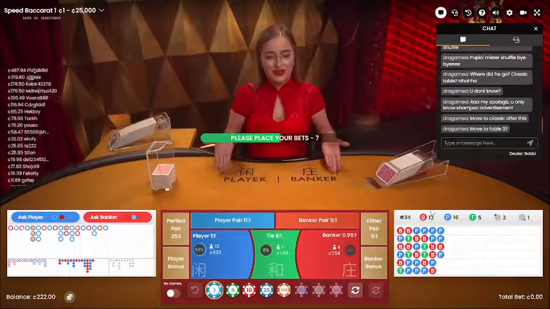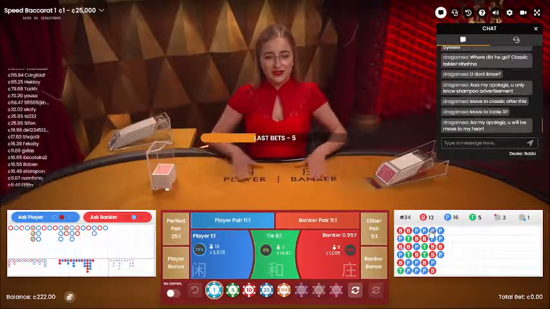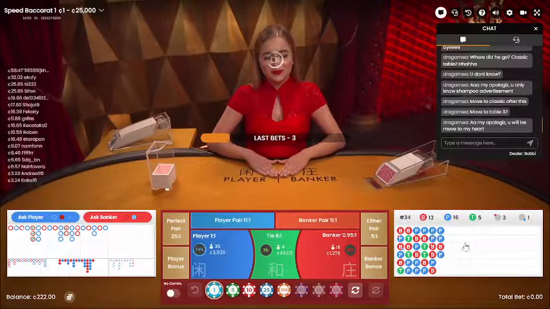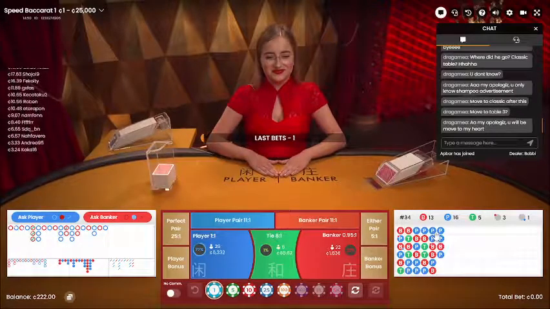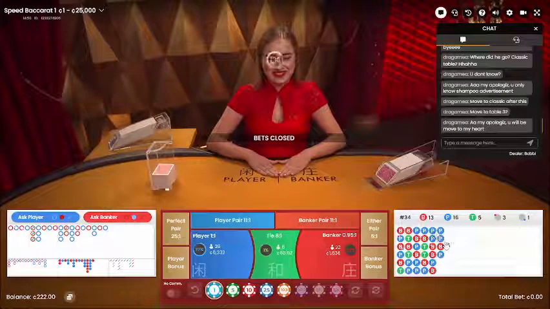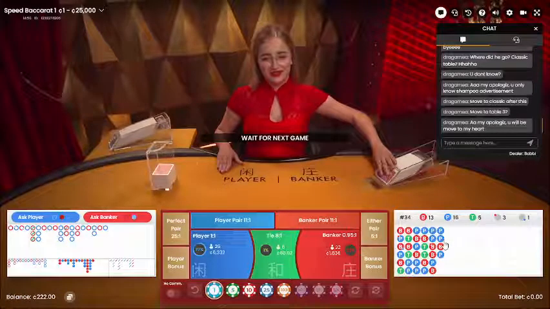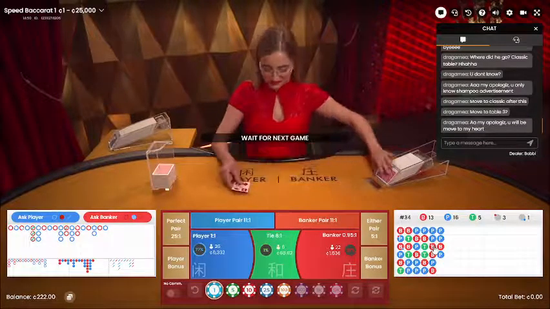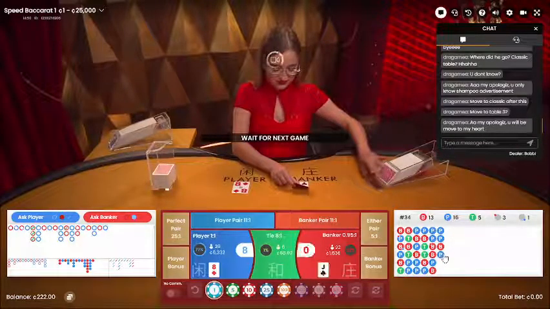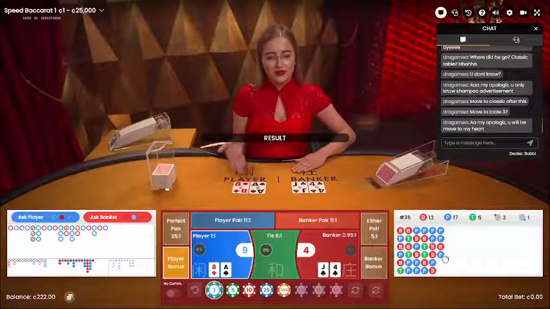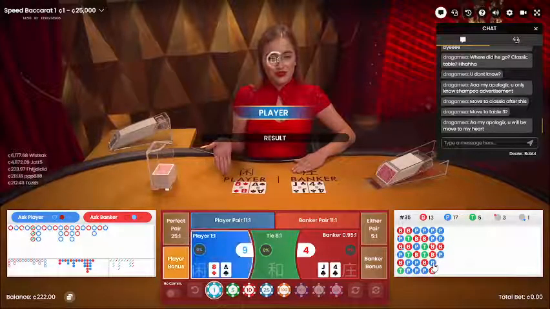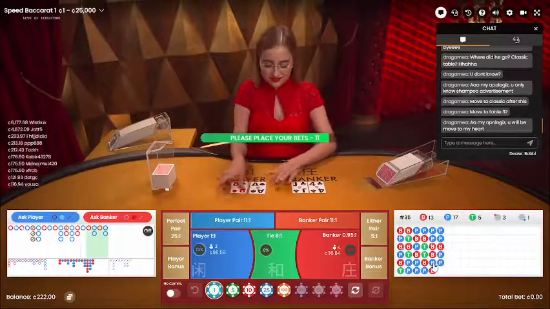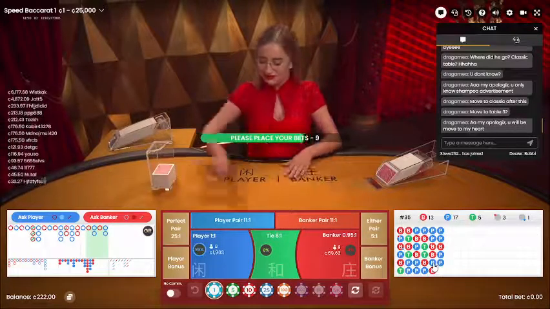If everything goes well, we are starting from the last but one column, that's player. Then that's the first outcome of the last but one column. The second outcome of the last column, that's also player. The third outcome of the last but one column, that's banker. The fourth outcome of the last column, that's player. Then the fifth outcome of the last but one column, that also went for player.